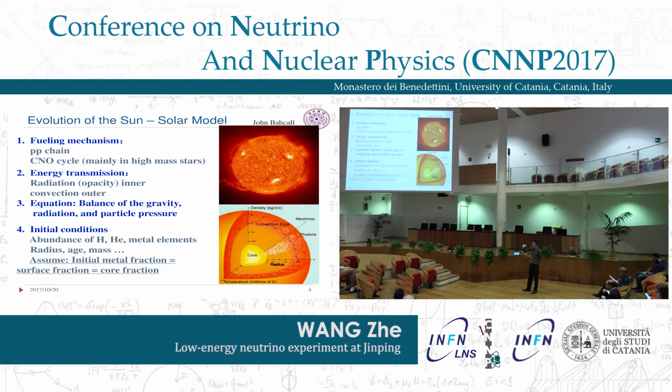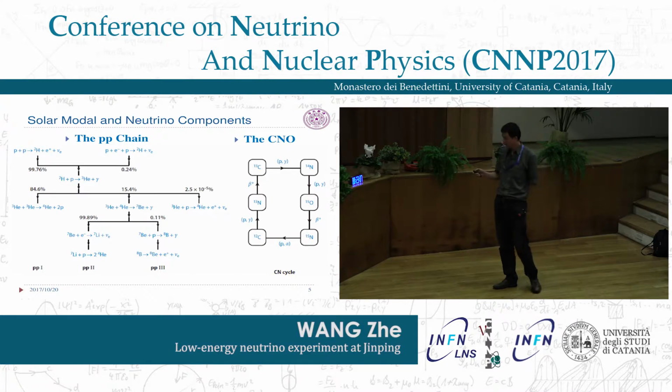Also, there's a strong assumption: you need the initial metal fractions. So the current assumption is to use the surface fraction, and it is the same as the core fraction. It's also the same as the initial fraction. So this is the diagram for the PP chain and the CNO cycle. This is where the neutrinos are emitted.